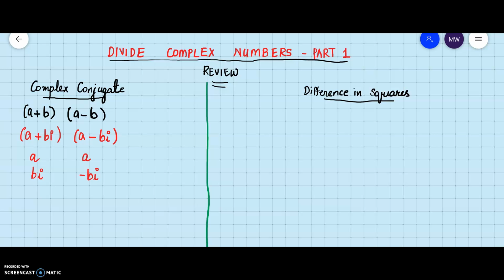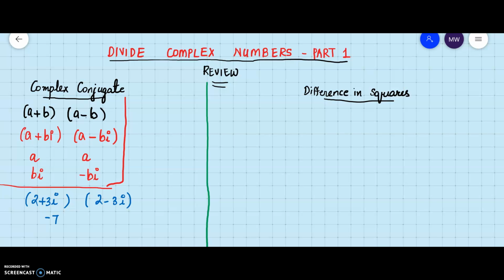So this is the rule, and let's do a few examples. The conjugate of 2 plus 3i is just 2 minus 3i. So they're conjugates of each other.